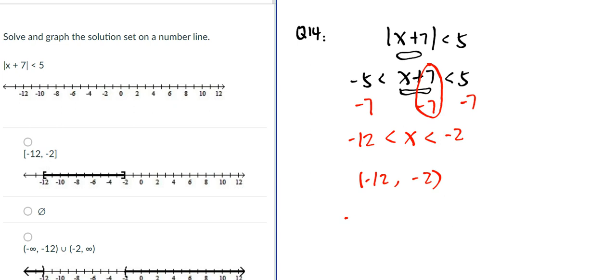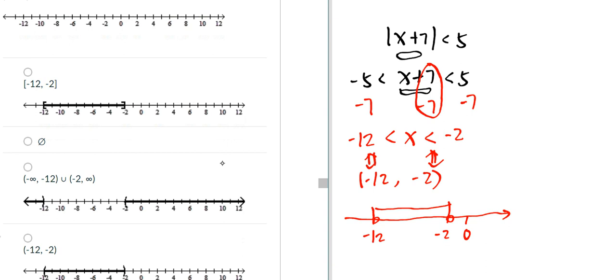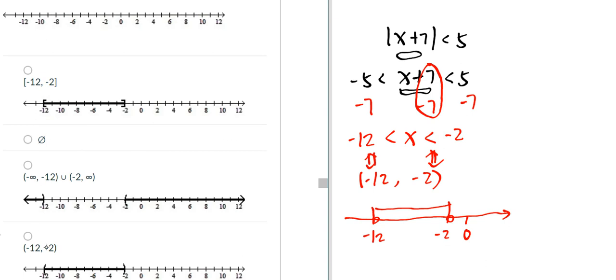On the real number line, if you have a 0 here, negative 2 here, negative 12 probably is here, then it's between those two. Those 2 points are not included because, again, there is no equal sign here. Okay, so it's this place. So which one is our choice? Last one. This one. From negative 12 to negative 2.